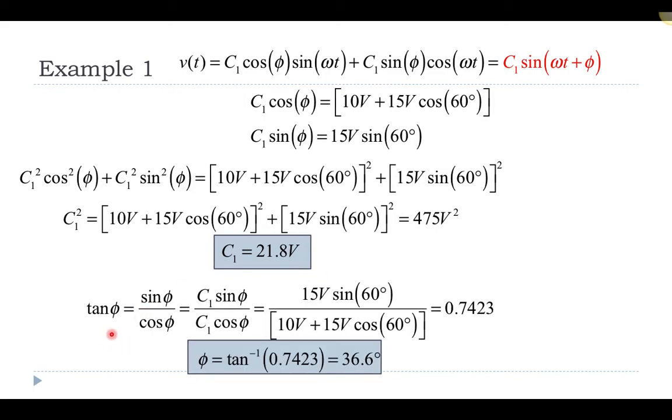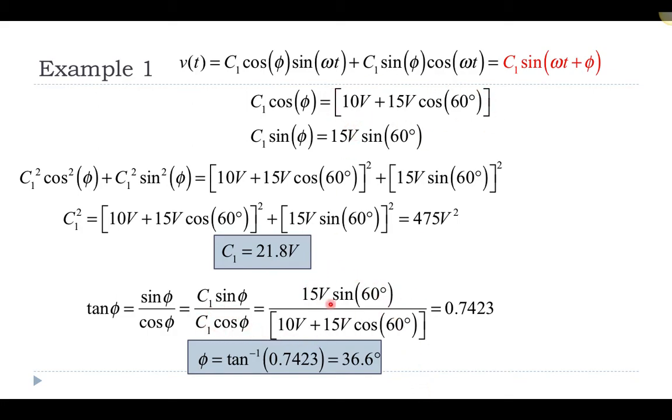I can figure out what the angle is by using the idea that tangent of an angle is sine over cosine, and I can multiply both sides, top and bottom, by C1. So C1 sine over C1 cosine. I know that C1 sine is just 15 volts sine of 60, and I know that C1 cosine is just the other term.